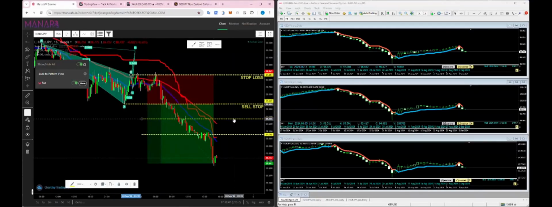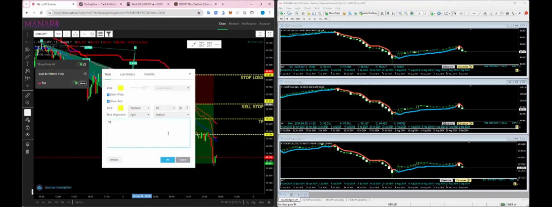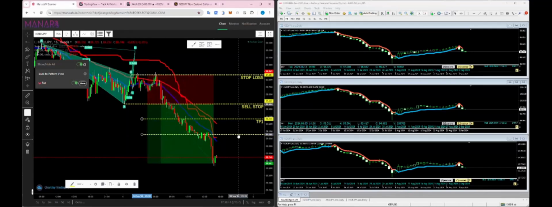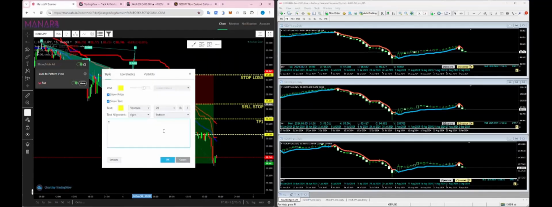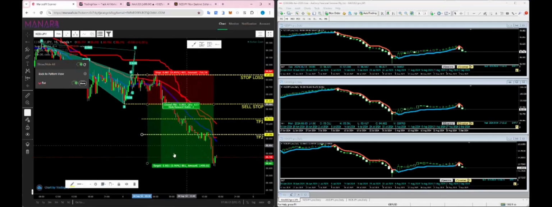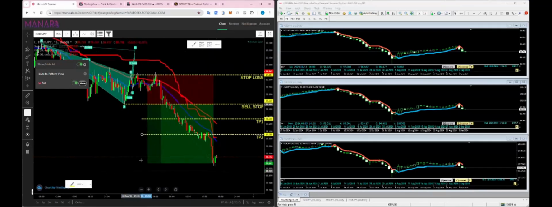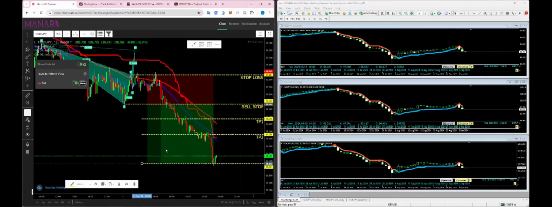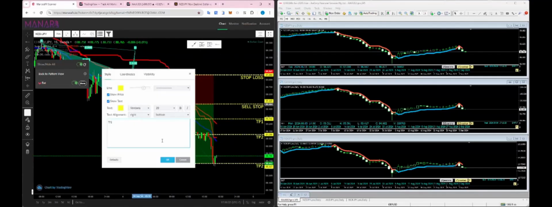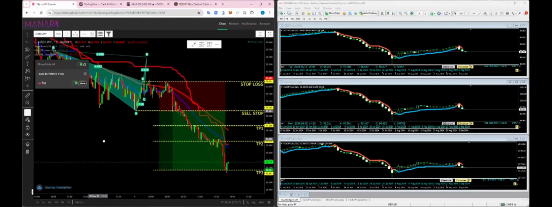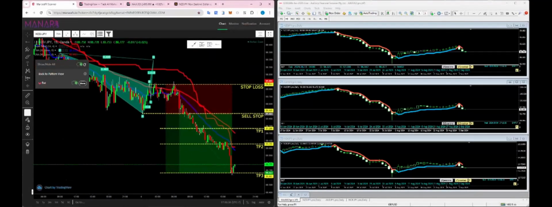And then right here it's TP1, and then TP2, and then last but not least, TP3. And it hit the three TPs. TP3. There we go. That's it. As simple as that. So that's what I do every day to mark my charts, to enter the market.